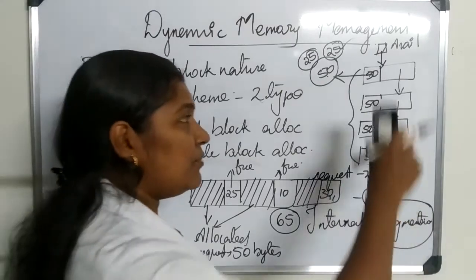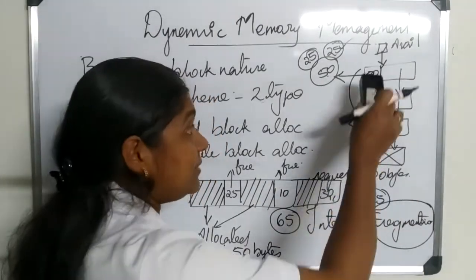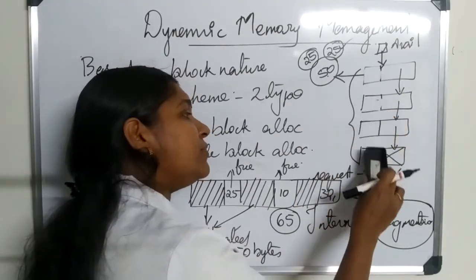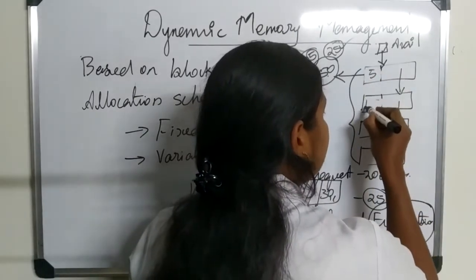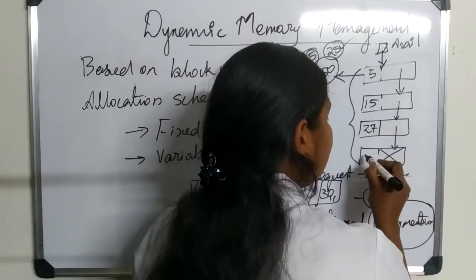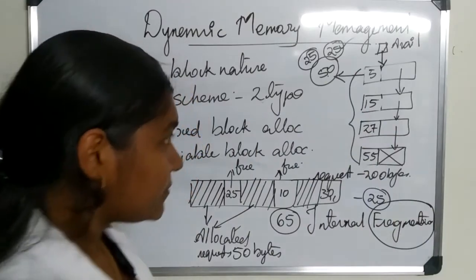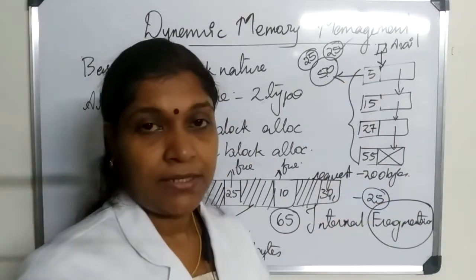If the free pool of memory is arranged as variable size memory, then normally it is stored in sorted order, in the sorted order of the size. See, this is 5, this is 15, this is 27, then 55. Like that, in the increasing order of memory size, it would be represented.